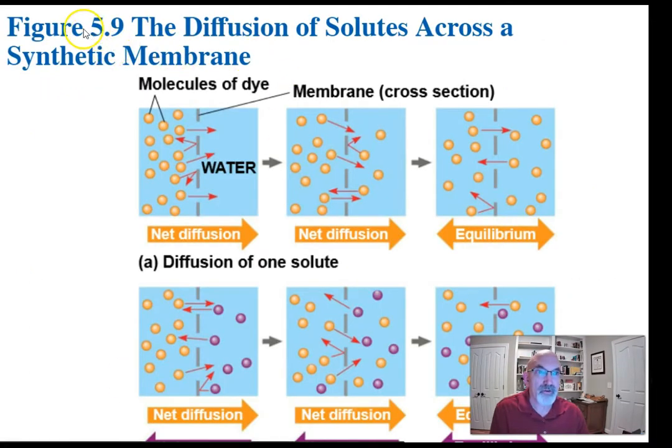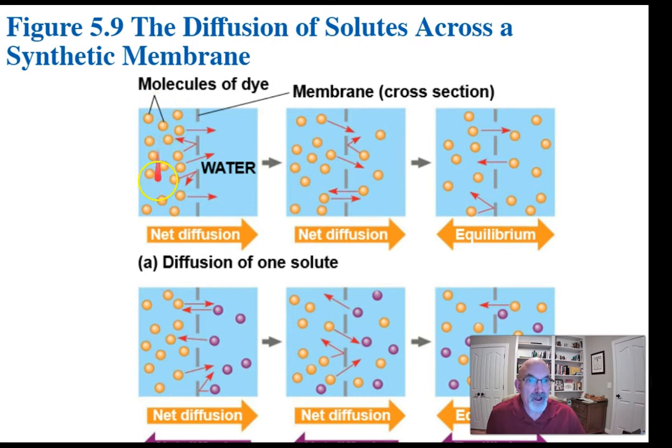In this particular set of drawings, this is the diffusion of solutes across a synthetic membrane. Now the solutes are moving this time. We have molecules of dye represented by these gold-colored spheres, and we have water on the other side of the synthetic membrane, and water is going to have a net diffusion across that membrane in this direction.